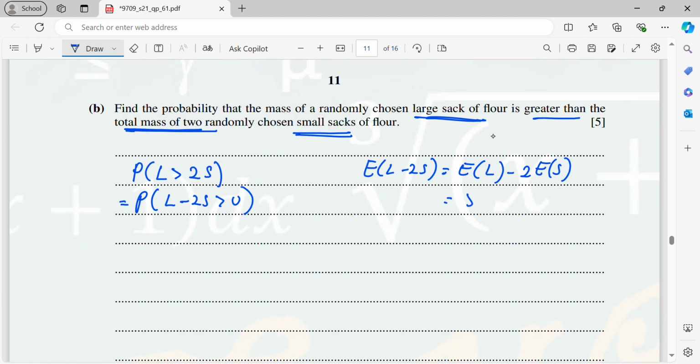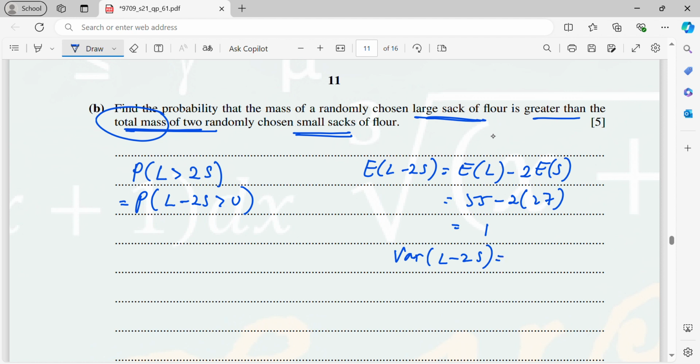So this is going to be 1. Okay, and for the variance of L minus 2S, again this 2S means total mass. Total mass means no need to square the 2.